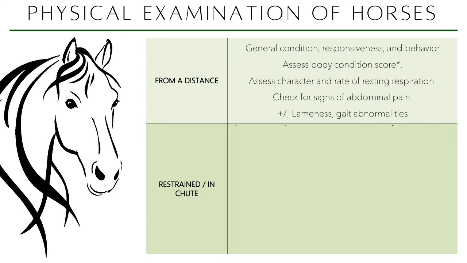You assess the character and rate of resting respiration. Before you actually induce stress to the animal, before they get scared, before you put them in a chute or restrain them, you have to assess how they're breathing. All right? How deep are those breaths? What is the resting respiratory rate? And we actually do this for small animals as well.